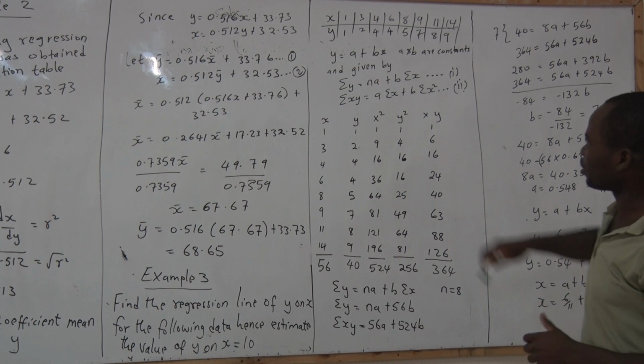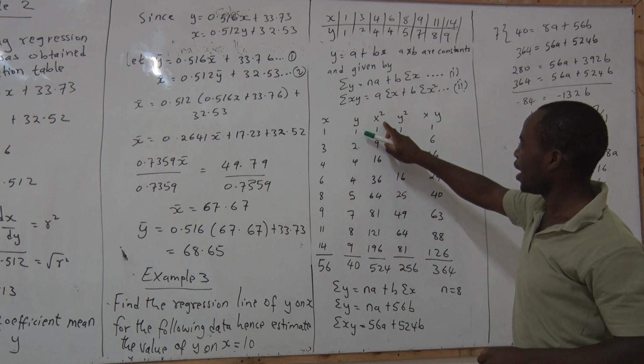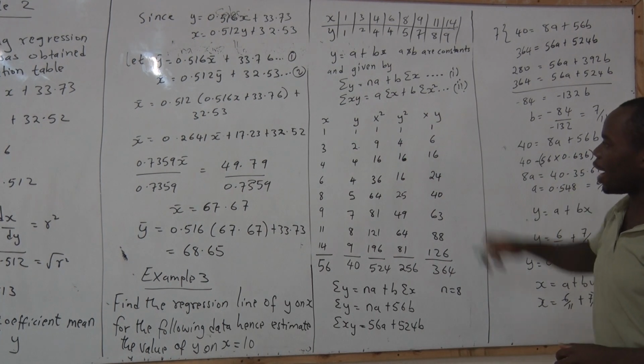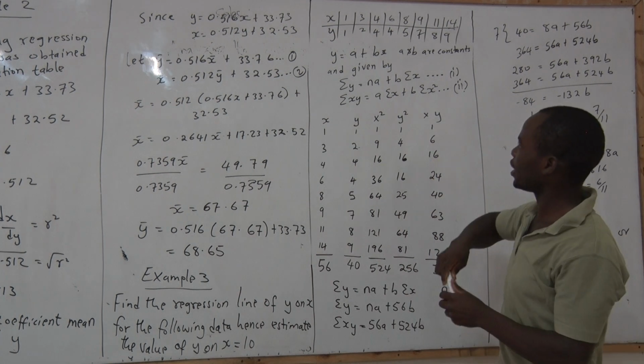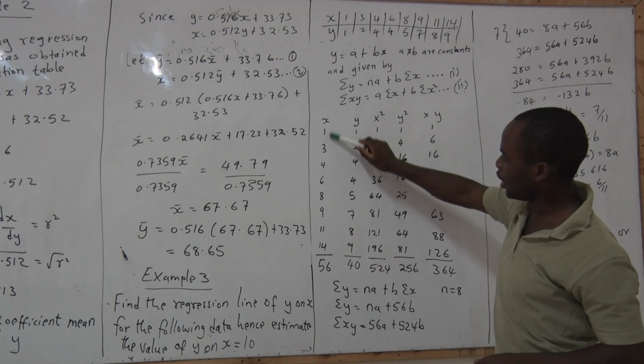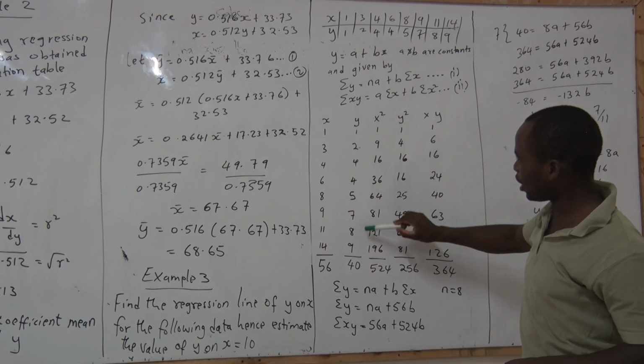So therefore, we can construct the table this way: x, y, x squared, y squared, the product of x and y. So we are just rewriting the values of x column-wise, the values of y column-wise.